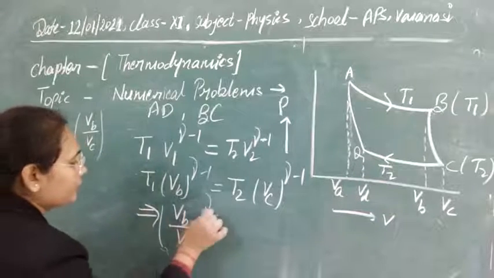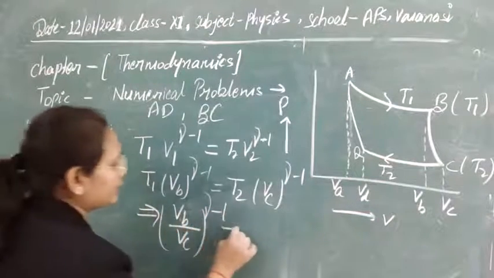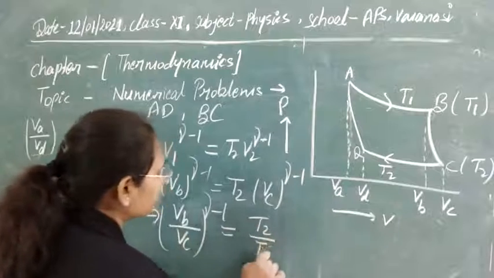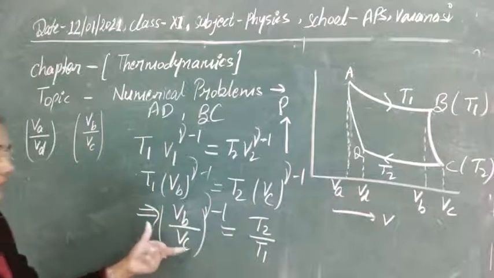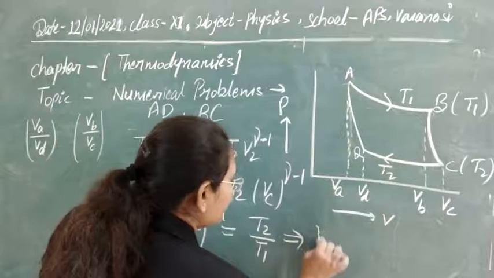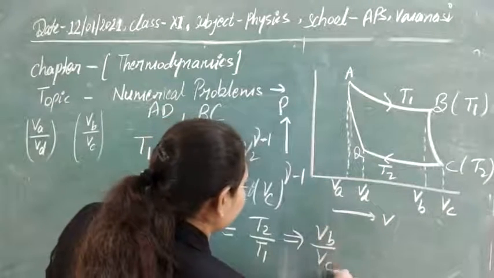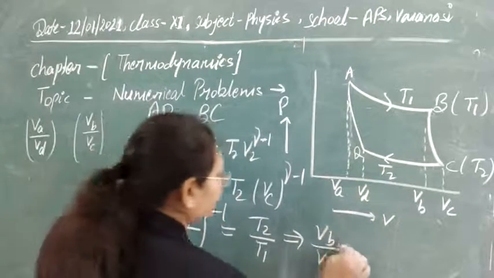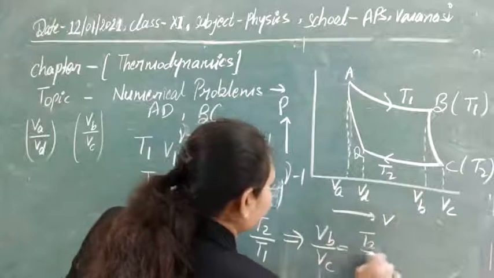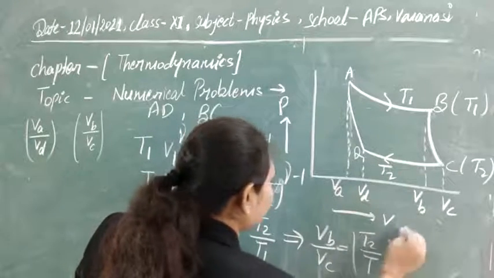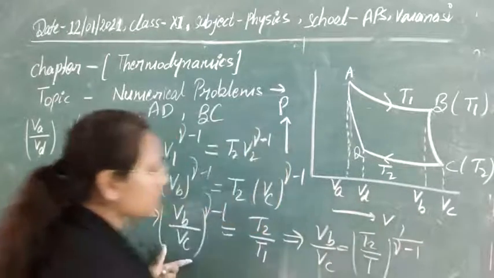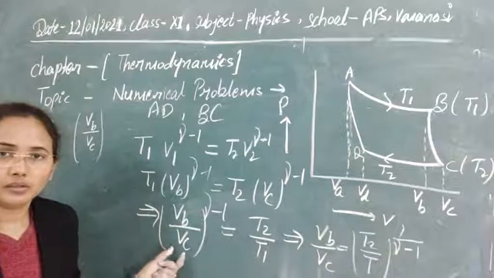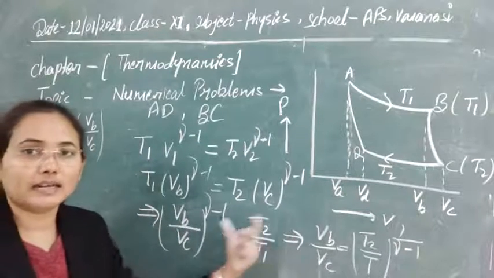We can write its power gamma minus 1, put it on this side, and we get T2 upon T1. In other terms, VB upon VC is equal to T2 upon T1 power 1 upon gamma minus 1. So now I think that is clear.